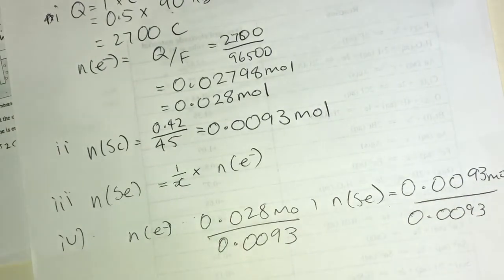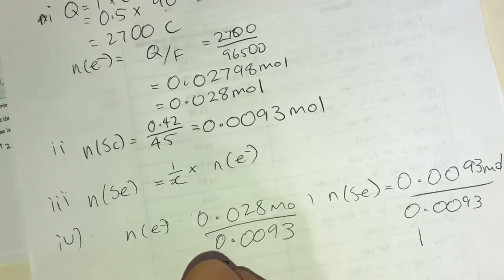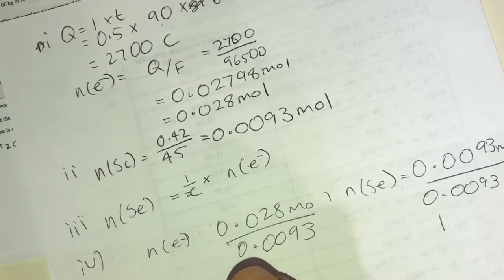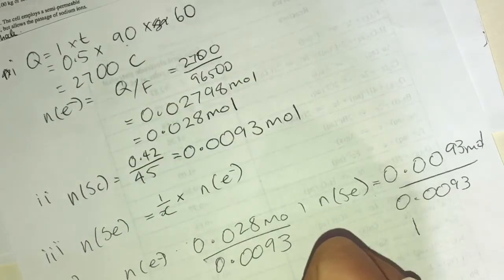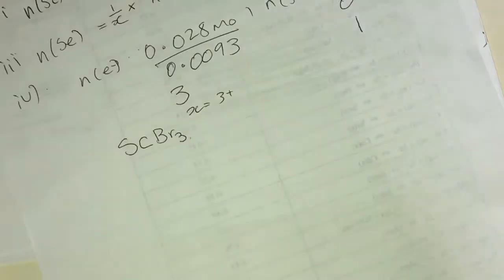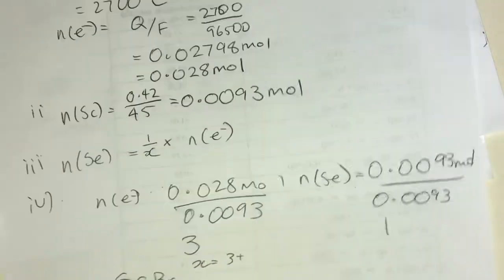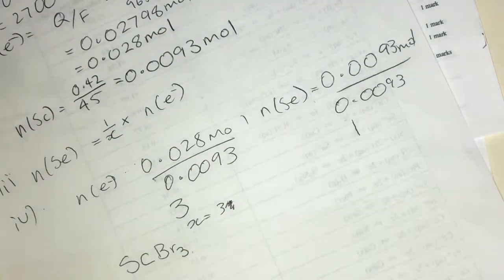That equals 3-to-1. Therefore, scandium is 3+, so x equals 3, so ScBr3. X equals just 3 then, not 3+.